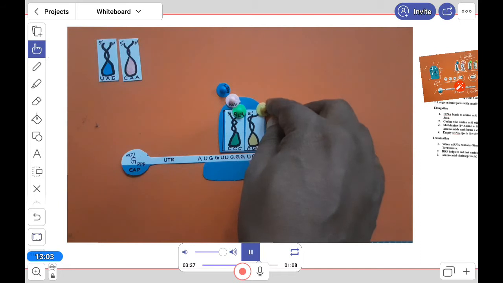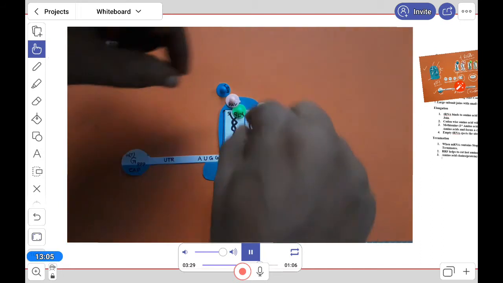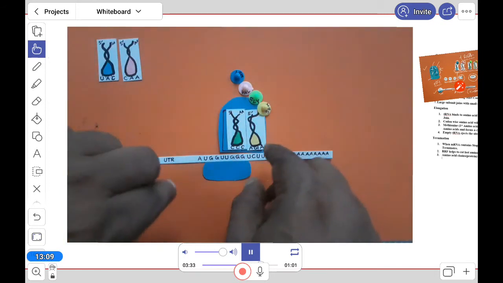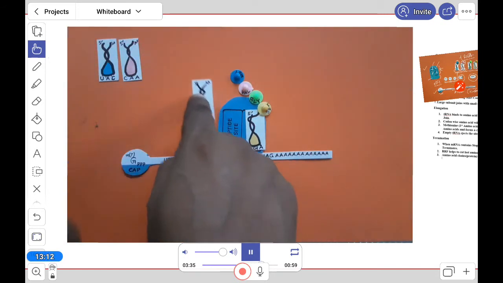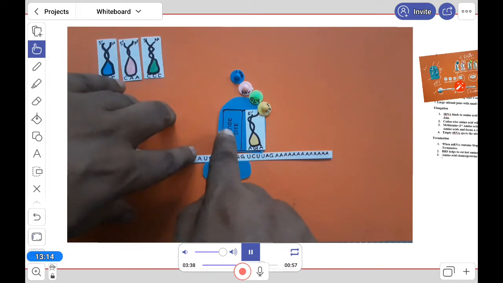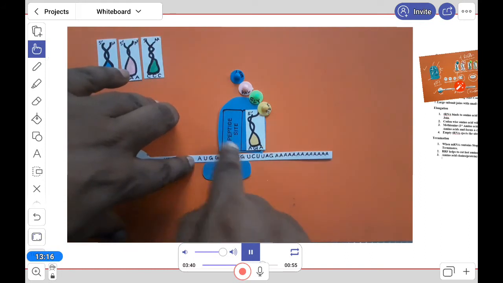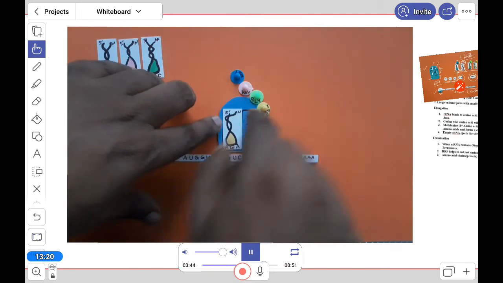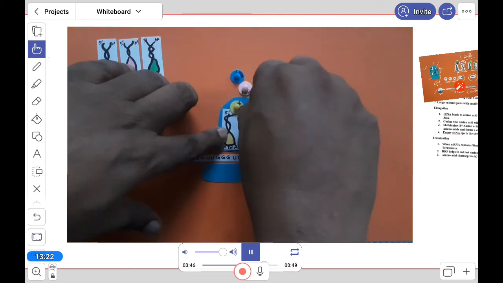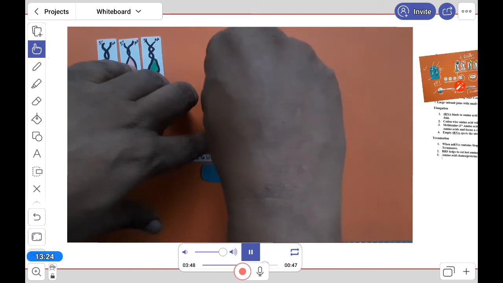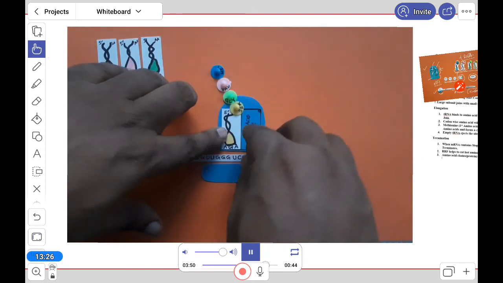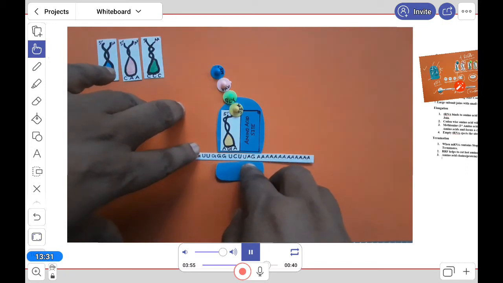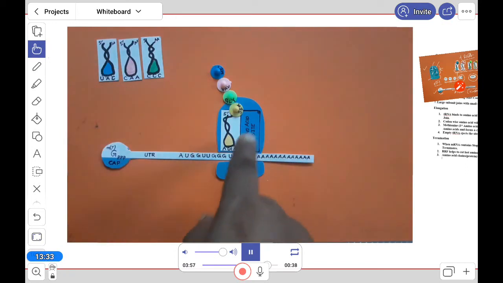Again the peptide bond will break from the glycine tRNA, and it will join to the serine, and they will form the peptide chain. So at the peptide site, the CCC tRNA will eject. Next it will shift to the peptide site. Now you can see that the number of amino acids is 4. Now UAG is the codon.